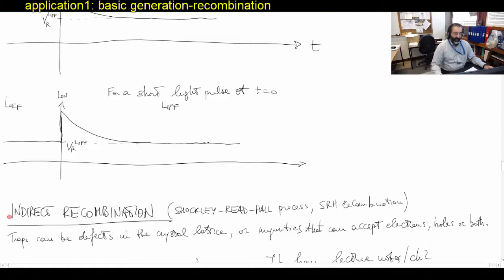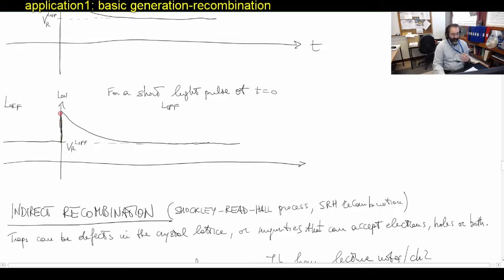A very simple measurement to measure something so intimate for the semiconductor, the lifetime of the minority carriers. And if instead of having light on continuously, you apply a very short pulse of light, imagine the light is off and the voltage is down here, so the resistance is Rx L off. Then you apply this short pulse, so the voltage goes up because the resistance of the semiconductor drops a lot, based on the previous voltage divider formula.